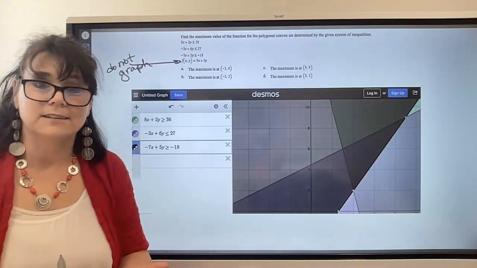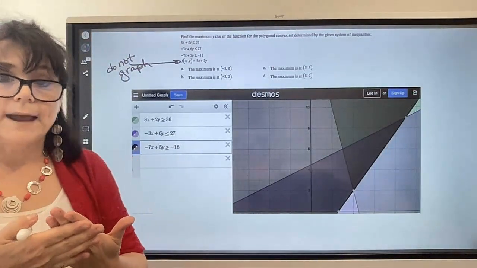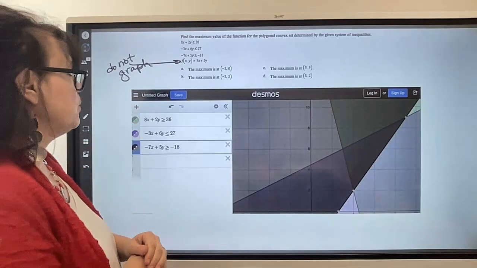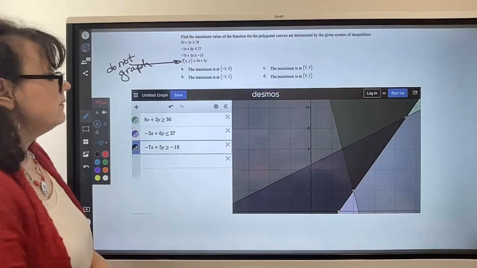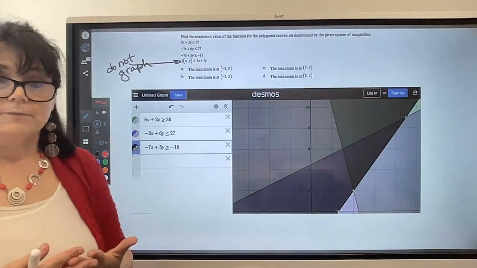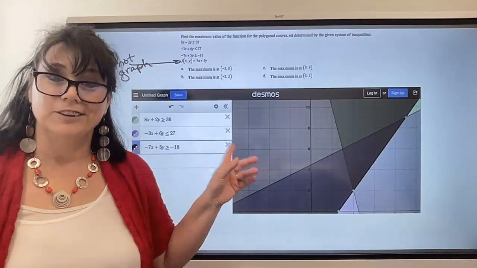Again, we want to find the solution set. Remember, the solution set is where everything is overlapping. And this specific question is asking us to find the maximum value of the function. So the maximum value means the highest point where they all are intersecting. So let's go look.